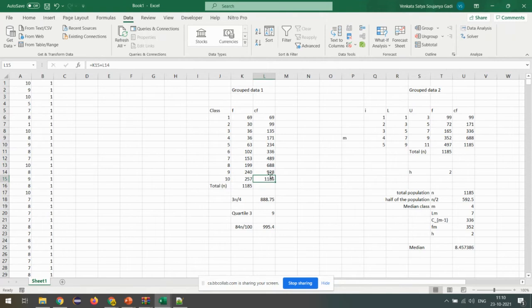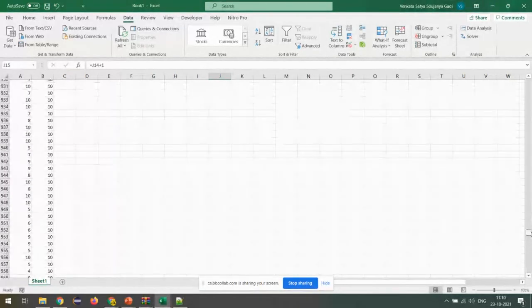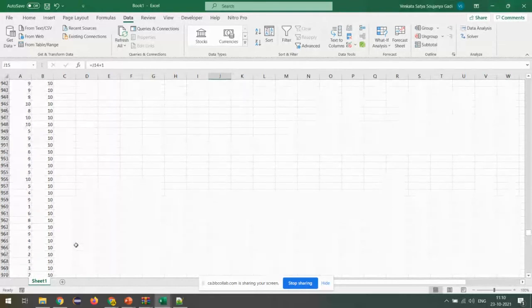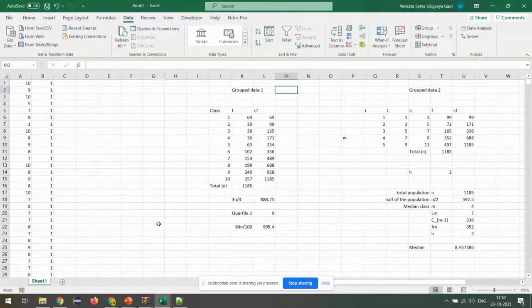If you cut the whole population into 100 pieces, the 84th piece is at 995, and that person selected 10. So let's go to 995 and see what that person selected. We see it's all 10. So he selected 10. So that's how we calculate.